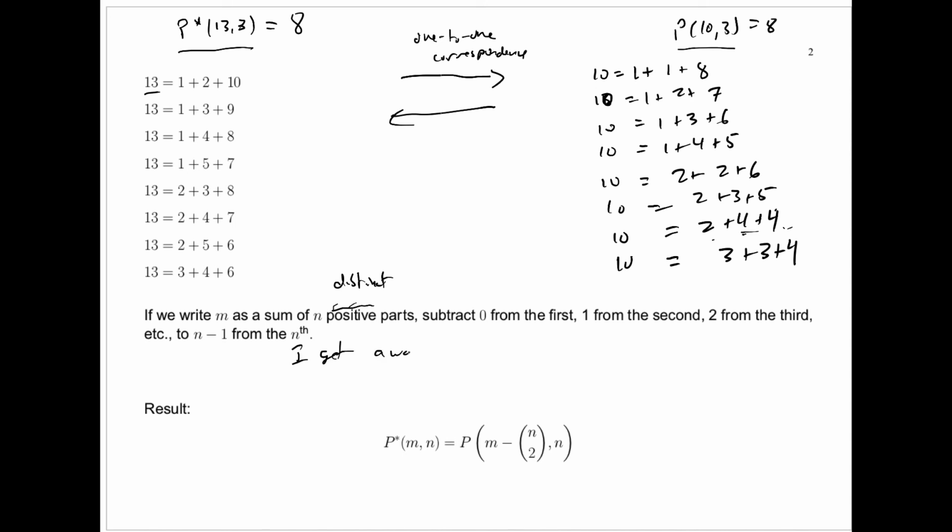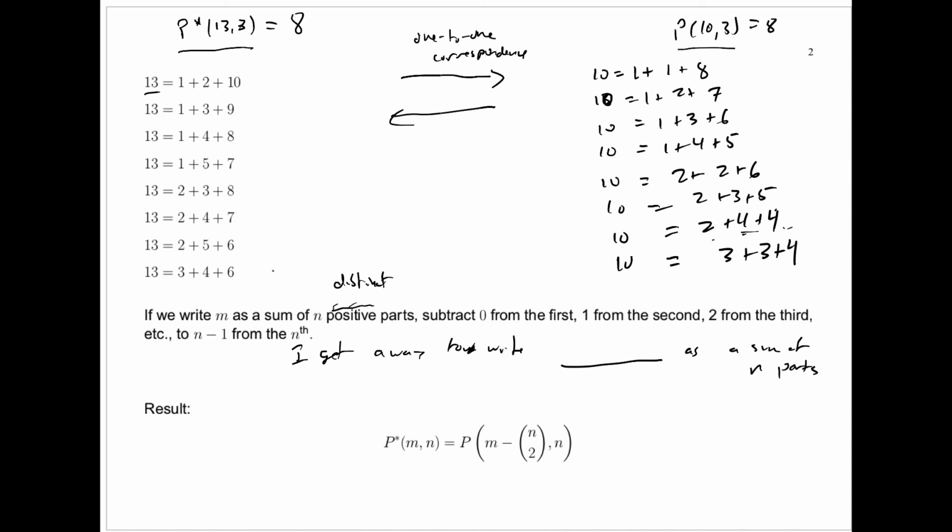I get a way to write some smaller integer, which I'll put down in a second, as a sum of n parts. Now, what smaller integer do I get?